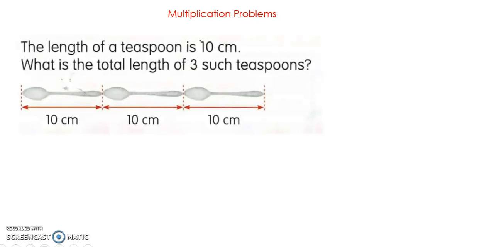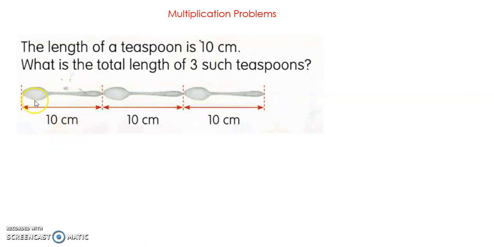Let's take a look at the next example. The length of a teaspoon is 10 centimeters. What is the total length of 3 such teaspoons? Here I have how many spoons? 1, 2, 3. Each spoon has the length of 10 centimeters.